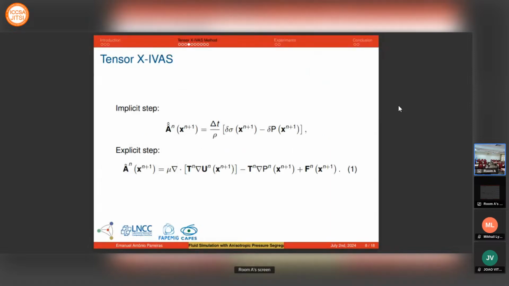The implicit part, a double hat, we can calculate using delta sigma and delta p, and the explicit step we can calculate using all the velocity, pressure, and explicit forces we already calculated. For the first step, we have the initial conditions.